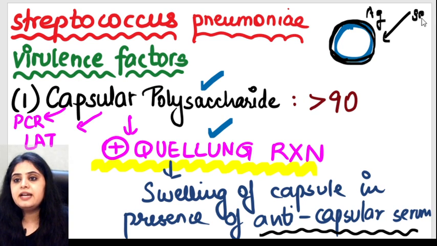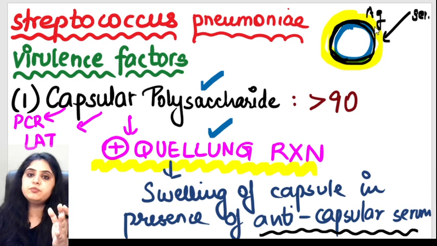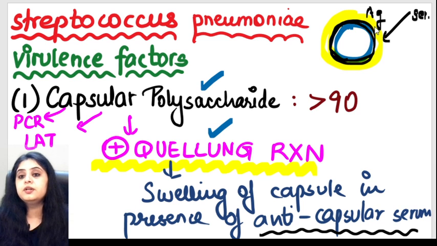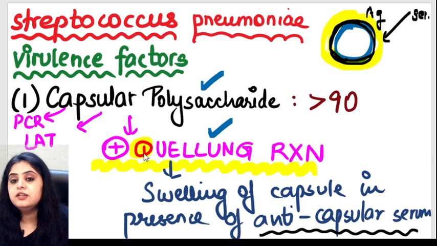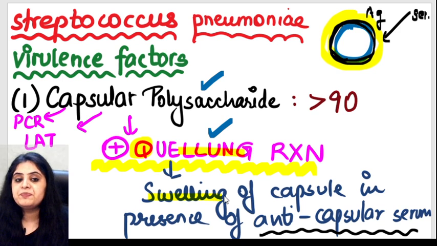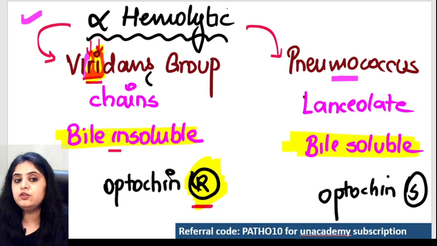Do you agree swelling of the capsule will occur? Because the capsule had an antigen, I have put an anti-capsular serum. Quellung reaction is the swelling of the capsule. Please remember.